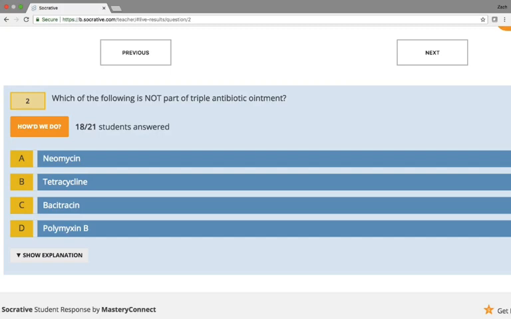Now, polymyxin B wouldn't have any effect on gram-positive organisms. It only works on gram-negatives. Why is that? What does polymyxin B actually target? Yeah, it basically is targeting the stability of the outer membrane.